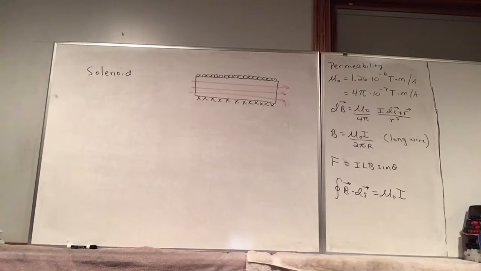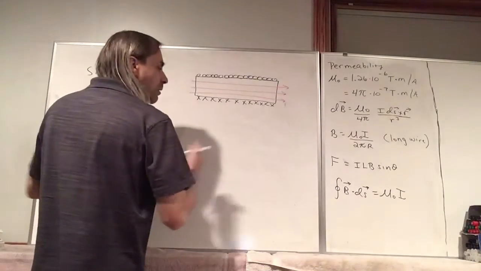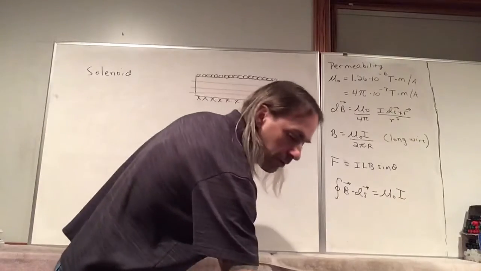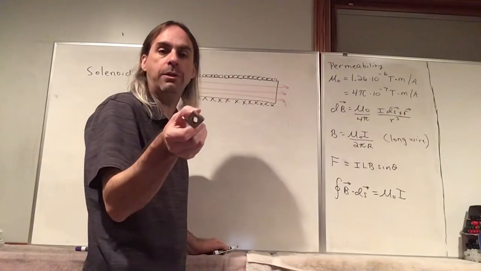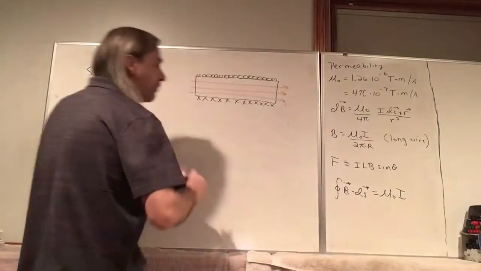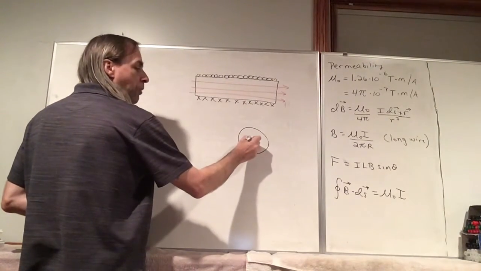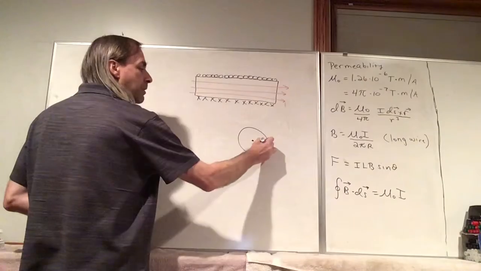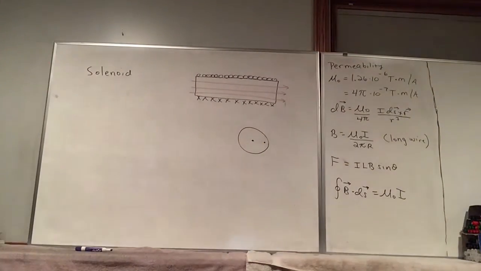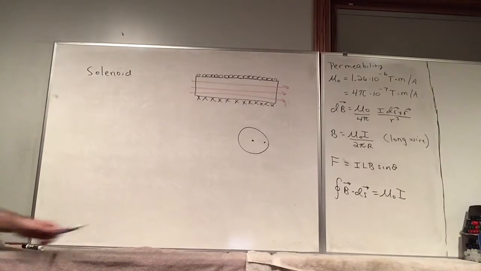But how does the strength vary? Let's draw another perspective, where you're looking down the axis. How does the magnetic field in the center compare to some other point there? We can actually answer that using Ampere's law.